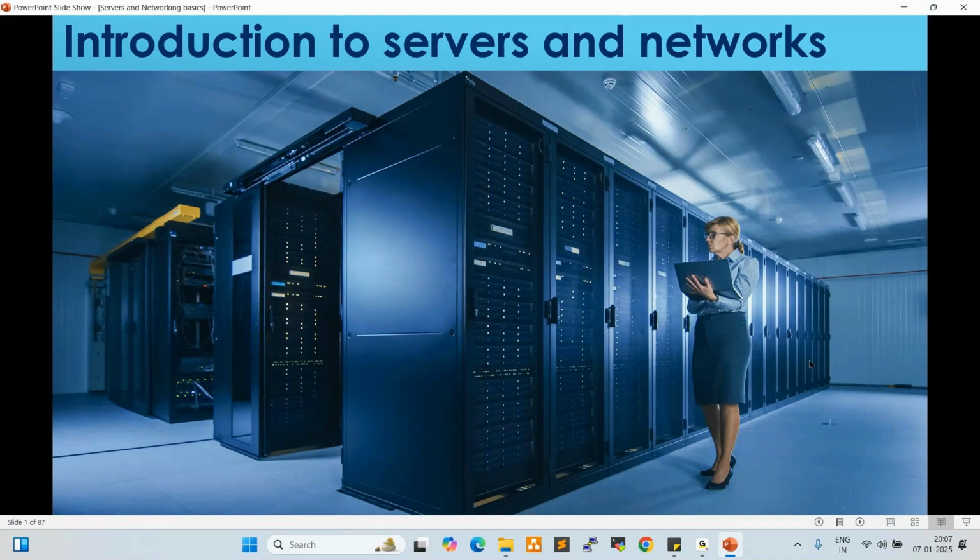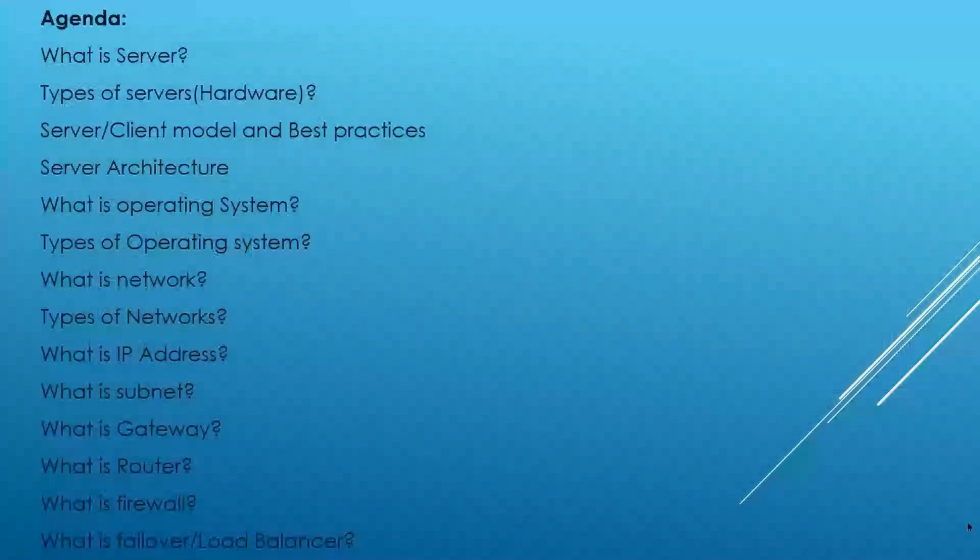So today's agenda is: what is a server, types of servers, server-client model and best practices, server architecture, what is an operating system, types of operating systems, what is a network, types of networks, what is an IP address, what is a subnet and gateway, router, firewall, failover and load balancer.